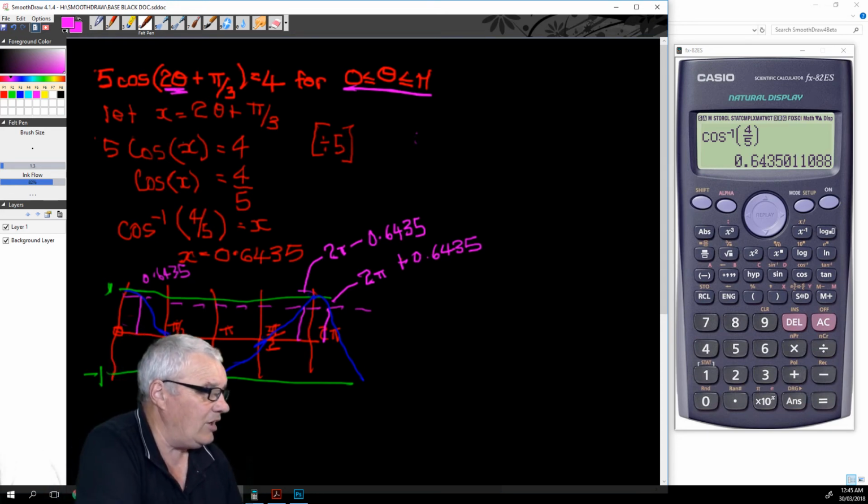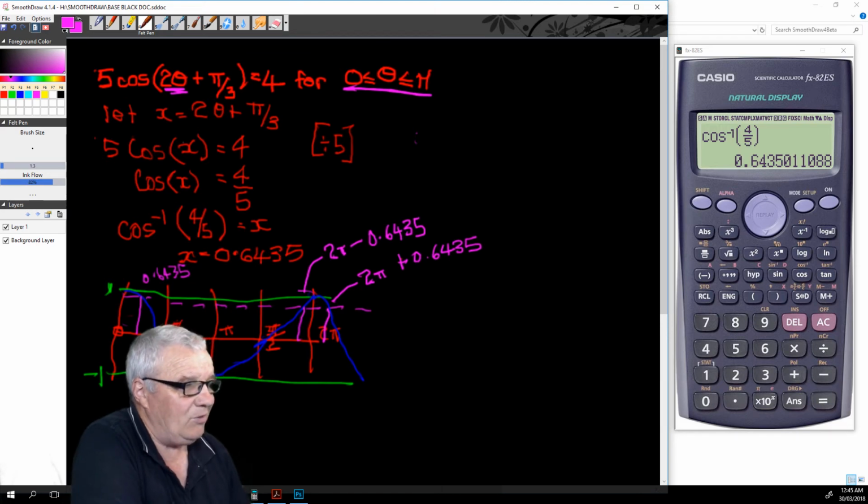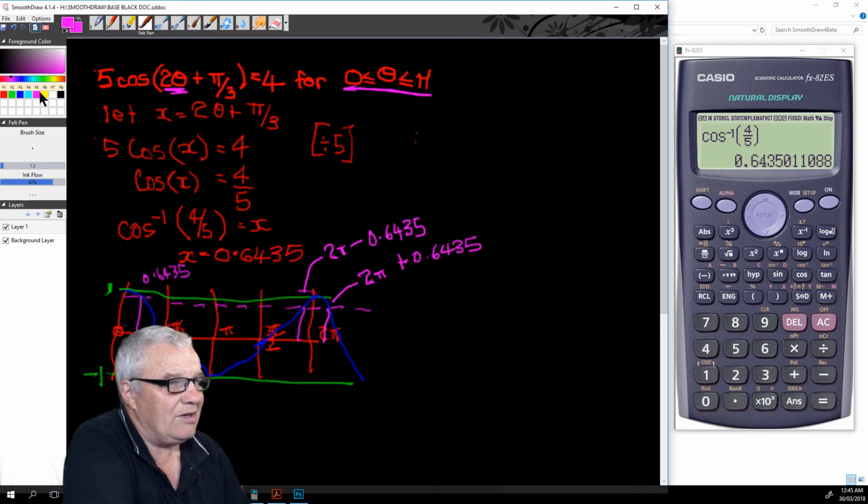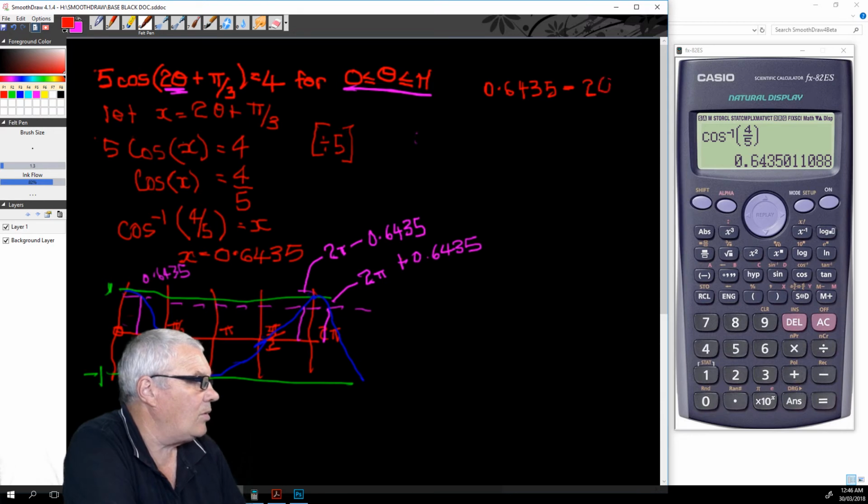So we'll go back to red and look at this first one. 0.6435, which is x, equals 2 theta plus pi upon 3.